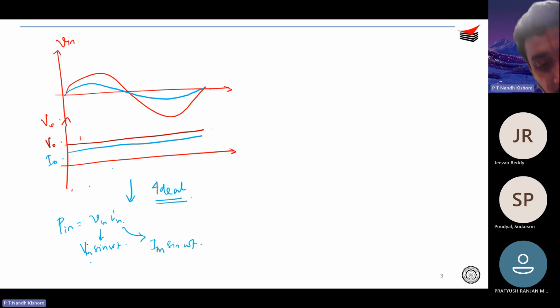So the entire power is going to be useful power. There are no losses in the form of harmonics. So that's something you want. You don't want your current to have components like sine omega 1 t plus 3 omega t plus 5 omega t and so on. You don't want this, correct?